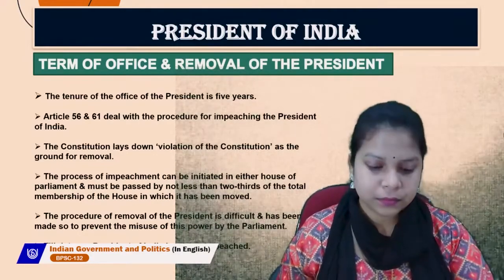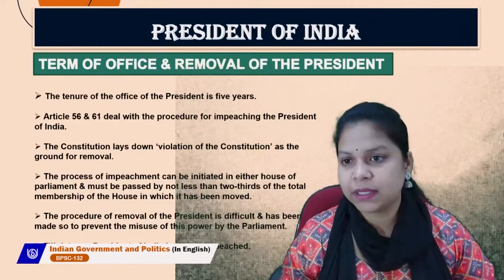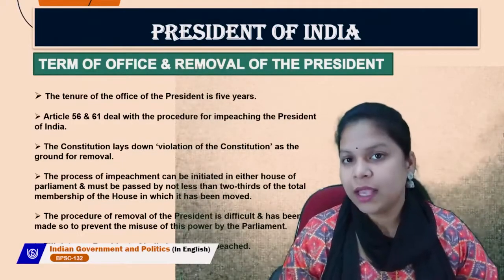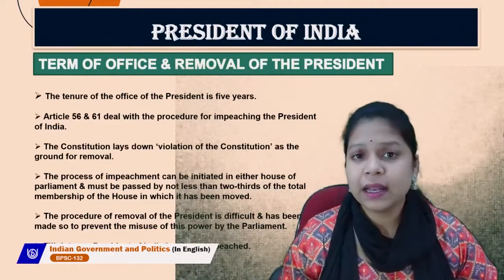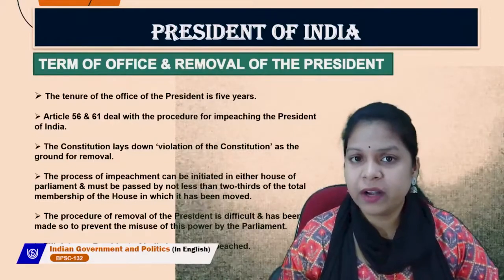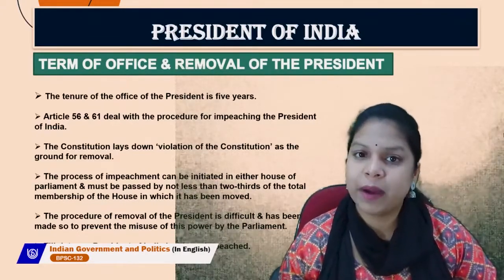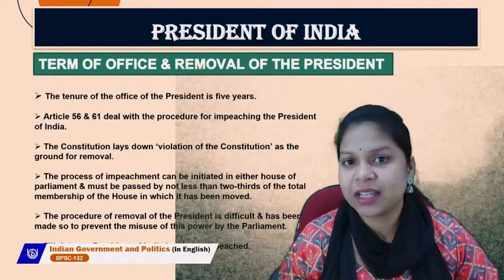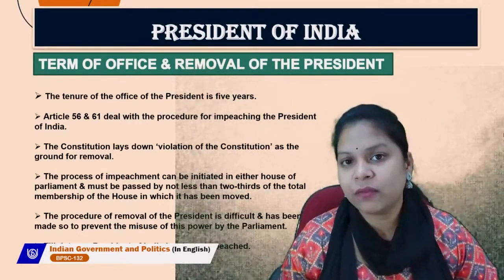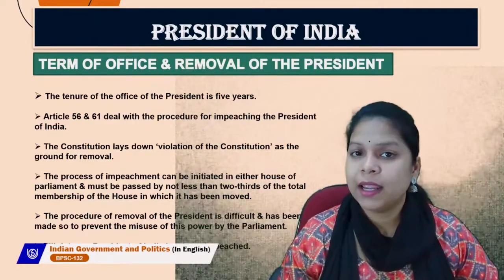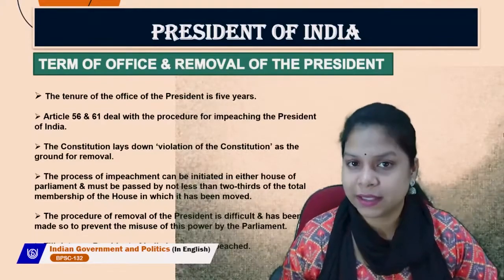If a person is a member of the legislature, he or she cannot be a member of the executive. Whereas in a parliamentary form of government, the executive is decided by the legislature. The legislature has the power to create the executive, and the executive is accountable to the legislature because it is the legislature that created the executive.